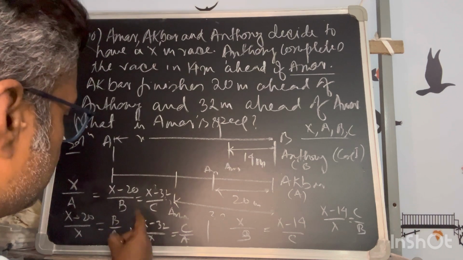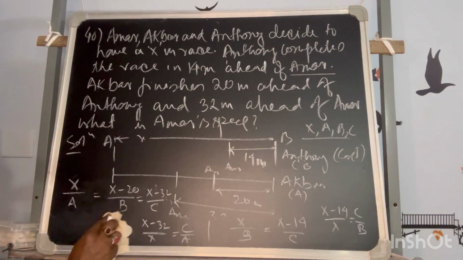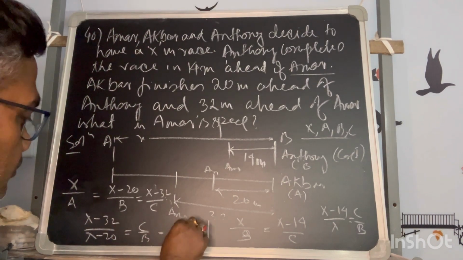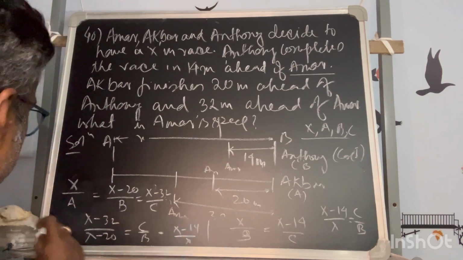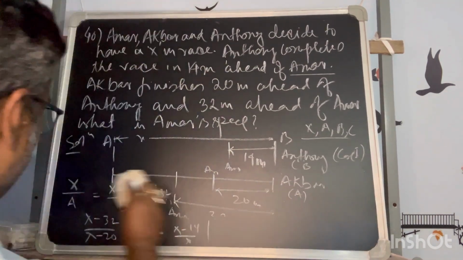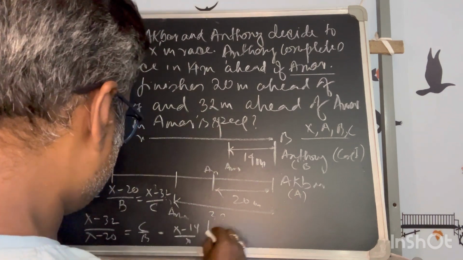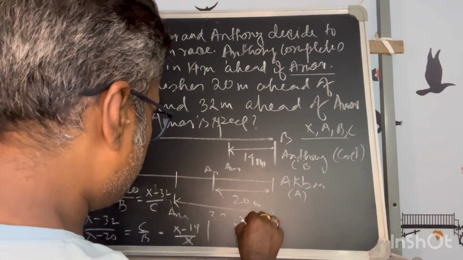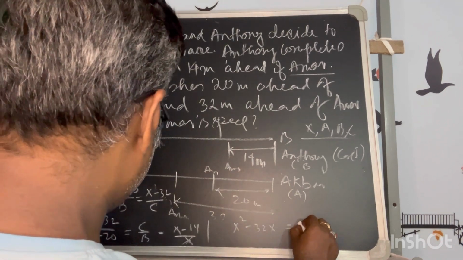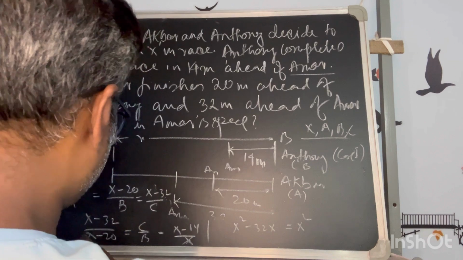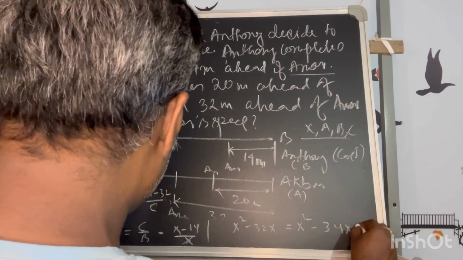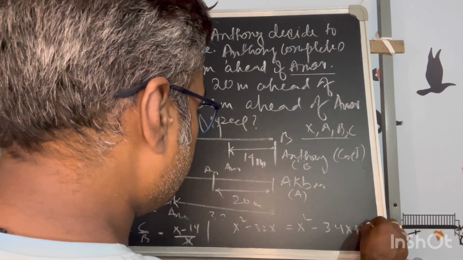If I equalize this, I will get a similar equation: x minus 32 by x minus 20 will be c by b, equal to x minus 14 by x. Now if we equalize this also and multiply, x square minus 32x is equal to x square minus 14x minus 20x minus 34x, and multiplied together, 14 times 28, 0.